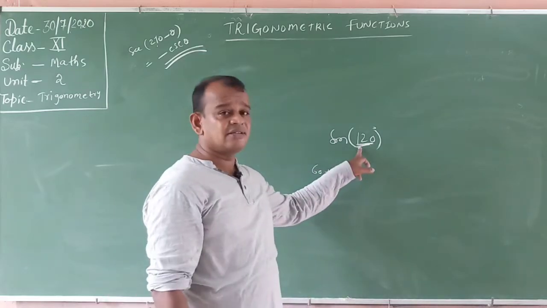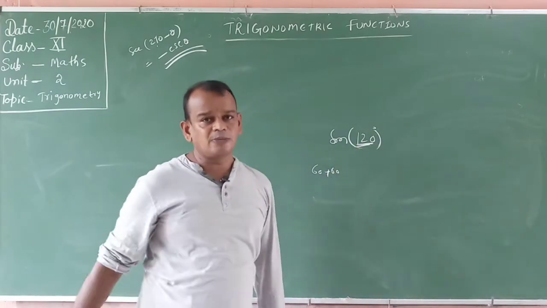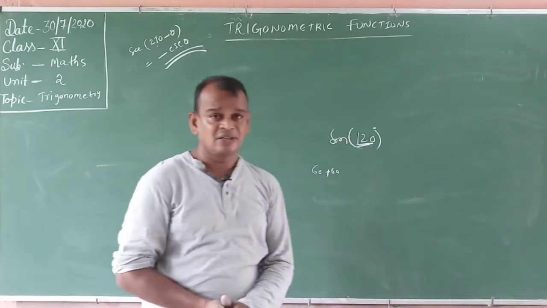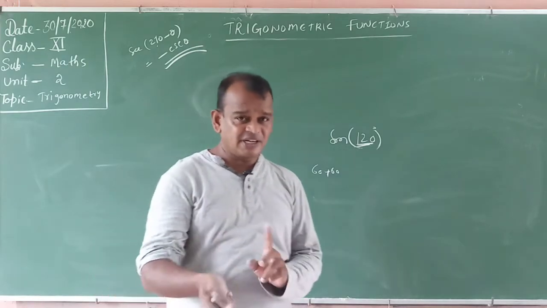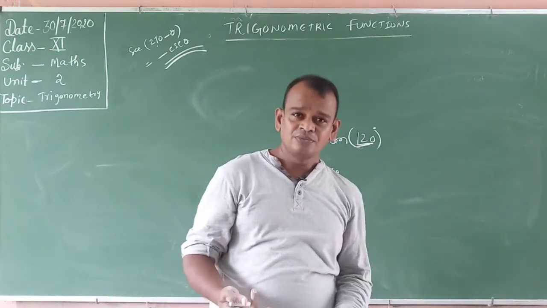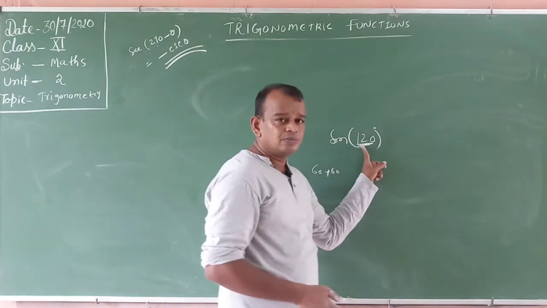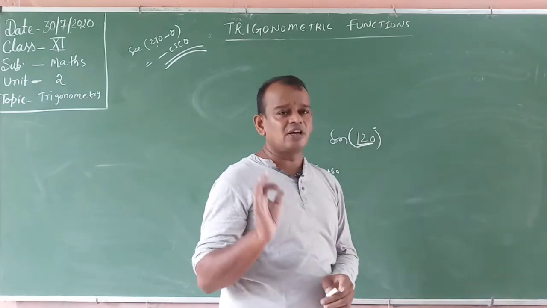This can be written as 90 plus 30 or 180 minus 60, no problem. But you cannot write 50 plus 70. 50 or 70, is any quadrant angle there? No. Understood or not?